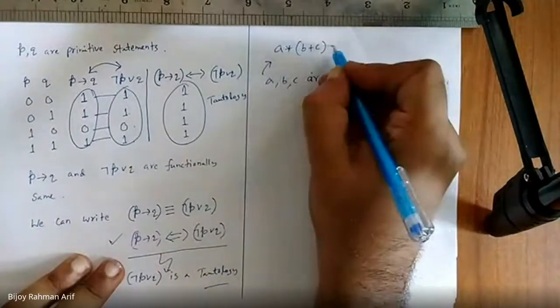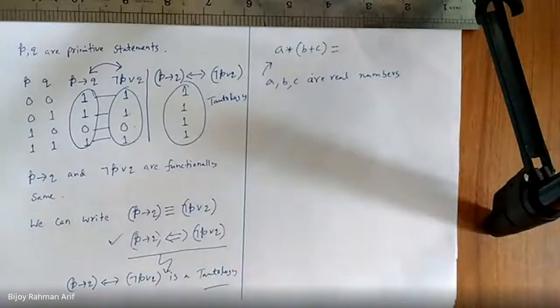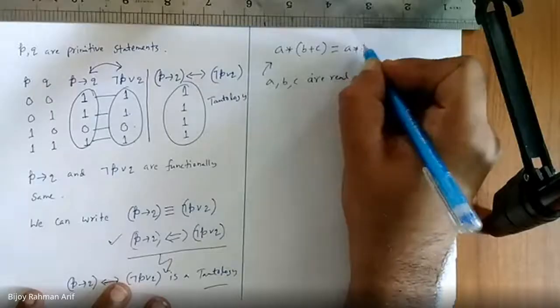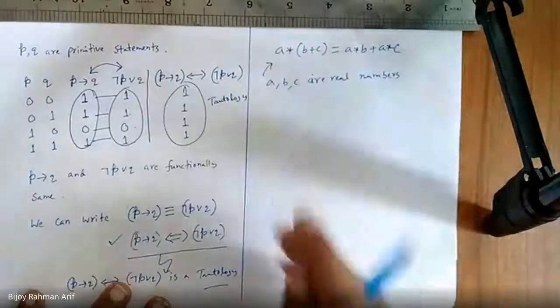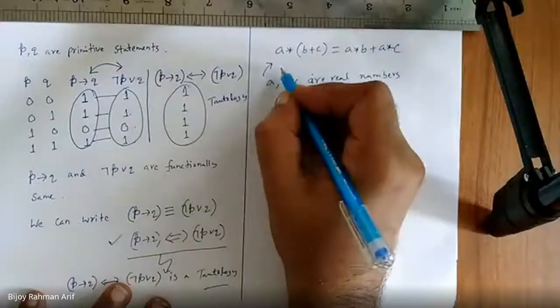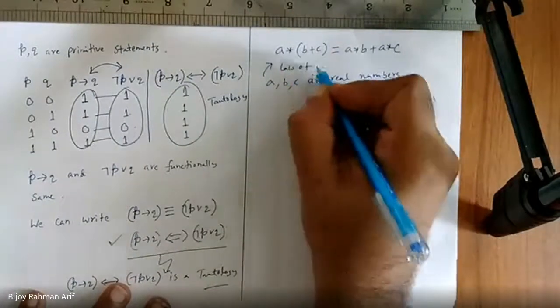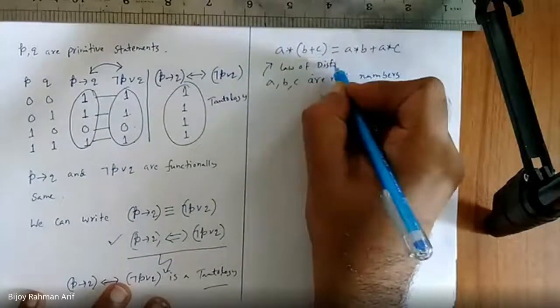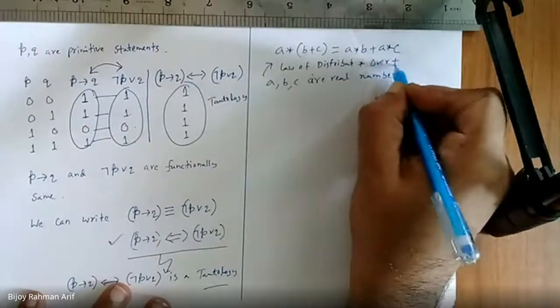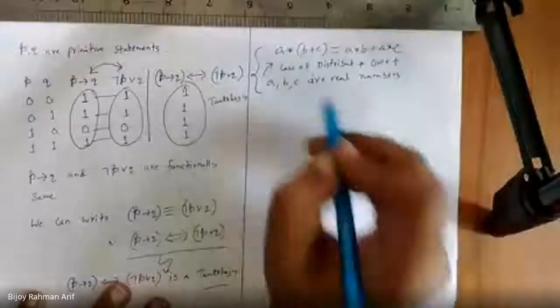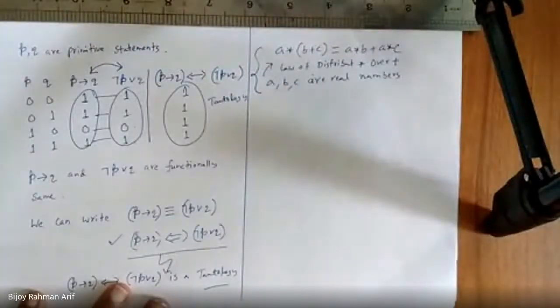What can we write? A star B plus A star C. What type of rule is this? Law of distribution. Star over plus. So this is an arithmetic law.